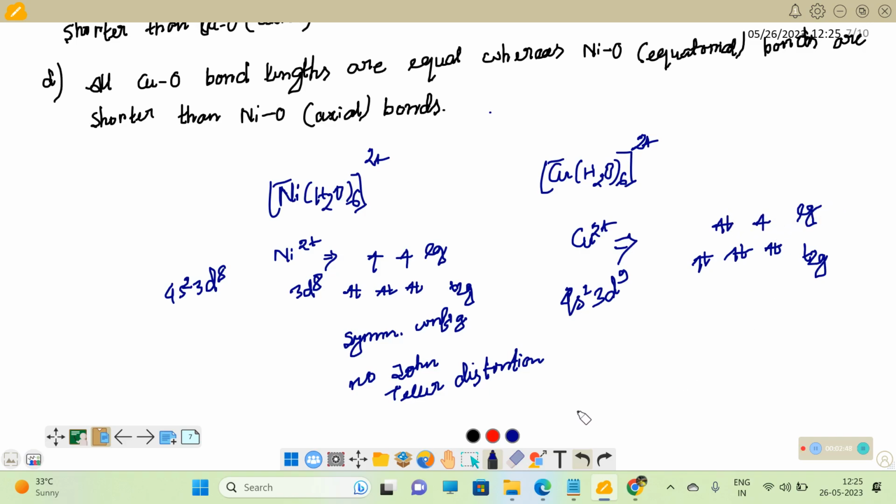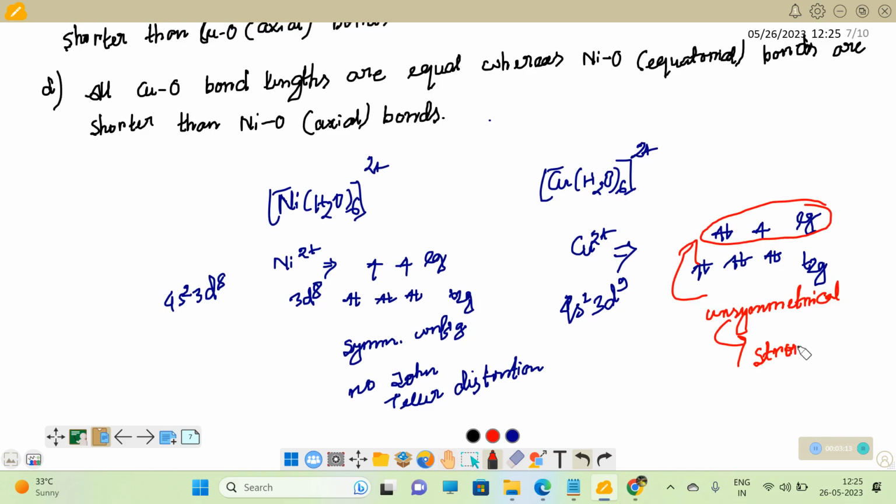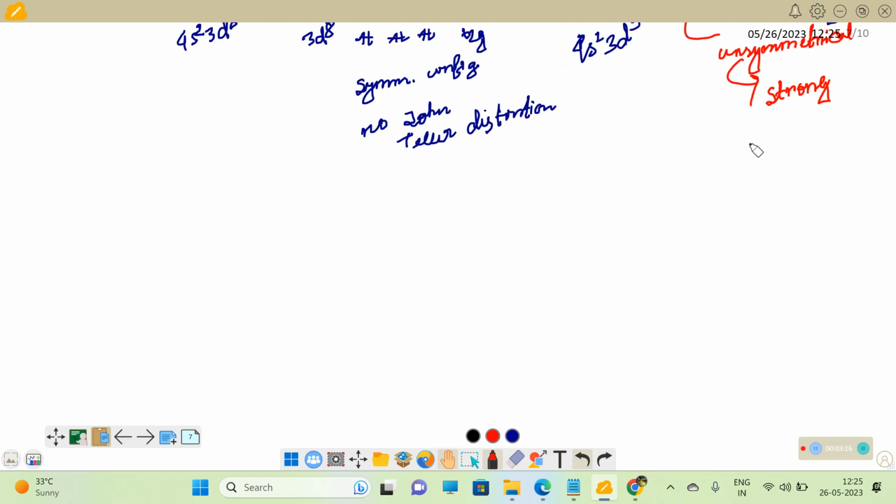So you can see that eg has an unsymmetrical filling of electrons, an unsymmetrical electronic configuration, that will show strong Jahn-Teller distortion.